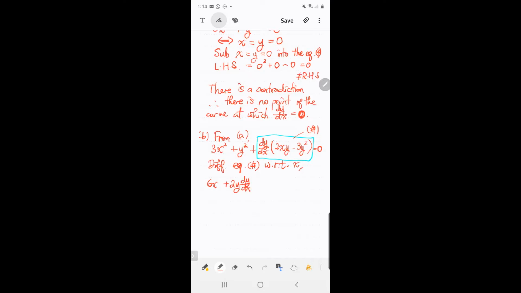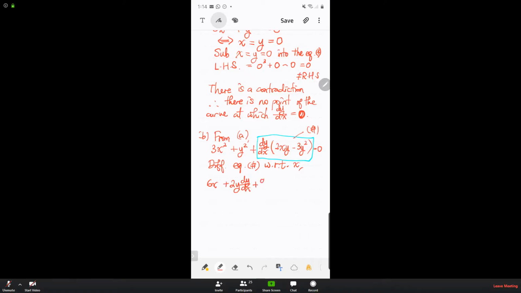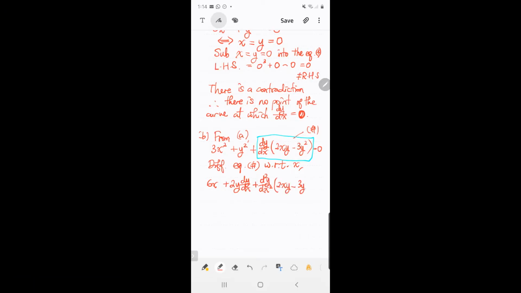Followed by, now I have to differentiate this. I can differentiate the dy dx and obtain d2y dx2, copy the bracket. So I have 2xy minus 3y squared in brackets. Then I copy the dy dx followed by the differentiation of the bracket. For the first term 2xy, you have to use product rule again.